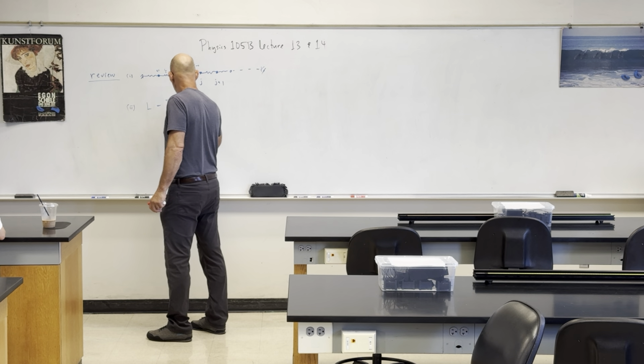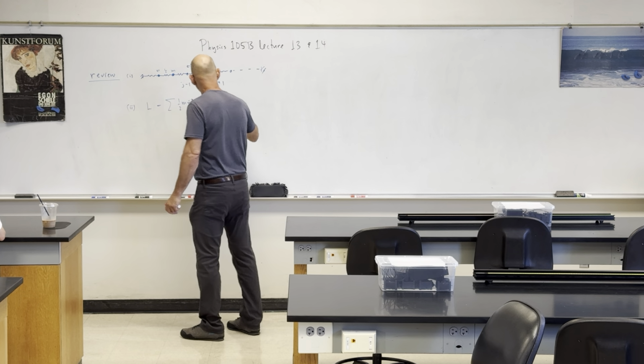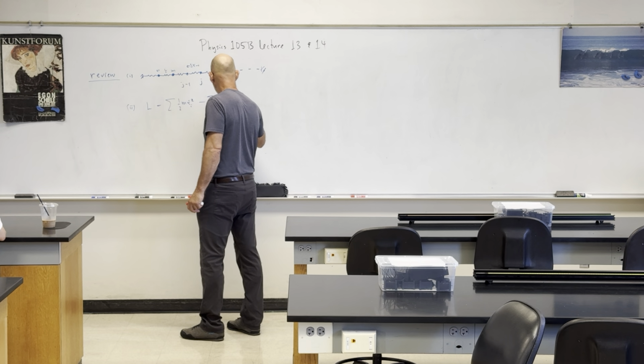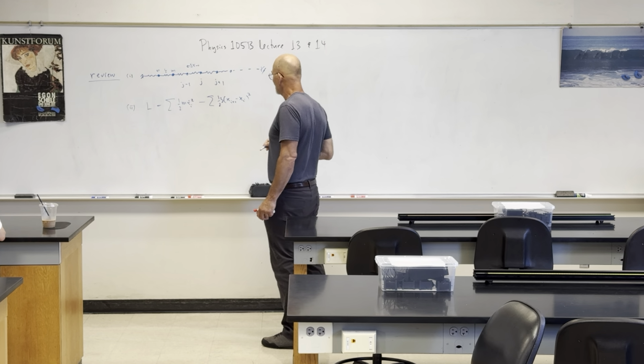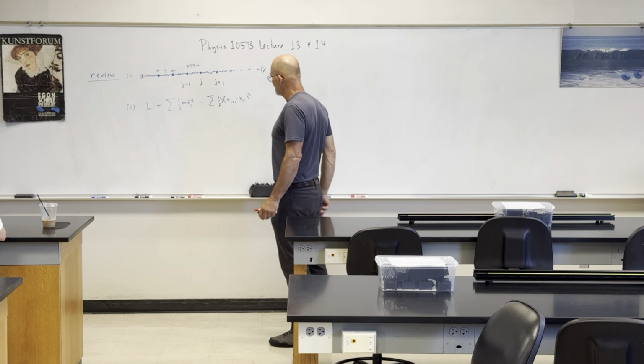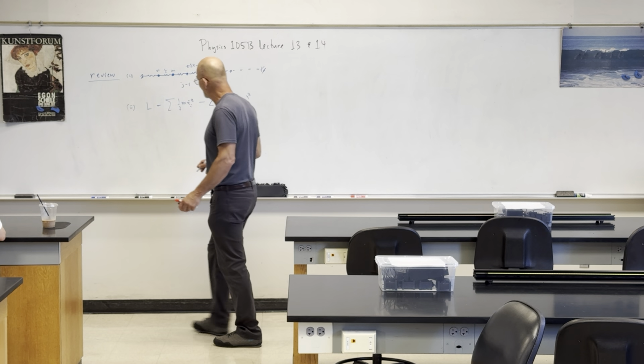Sum of 1/2 m x i dot squared minus sum over 1/2 k (x i plus 1 minus x i) squared. I'll ignore any other details.